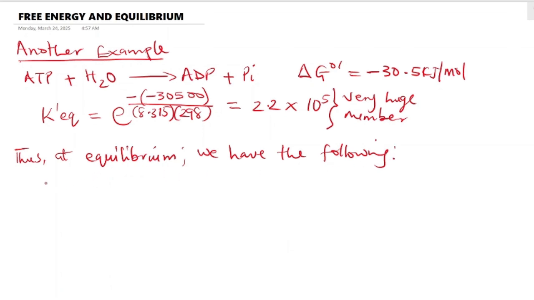We have ATP plus water giving you a whole lot of products, ADP plus Pi, and the reverse reaction is this. So this is what the equilibrium looks like.